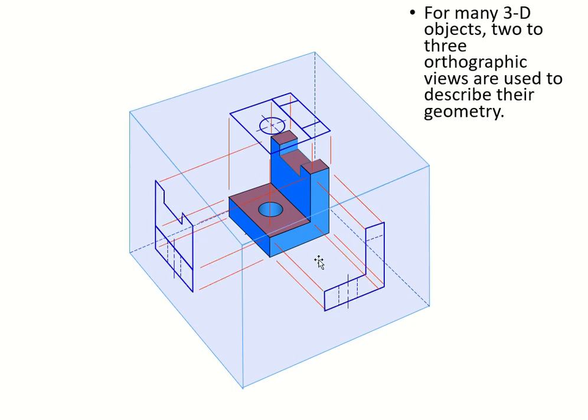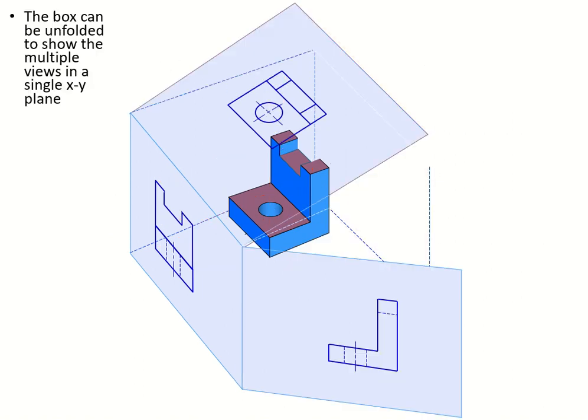Now we have 3 views: your top, your front, and your right. So 2 to 3 views is sufficient to describe your 3-dimensional object.